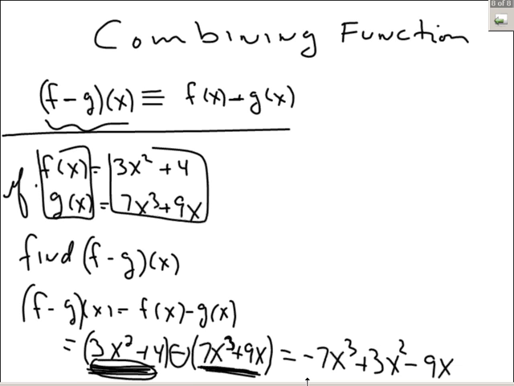Constant is 4 minus, and understood 0, is 4. And there's the answer. You subtract them. One function minus the other function.